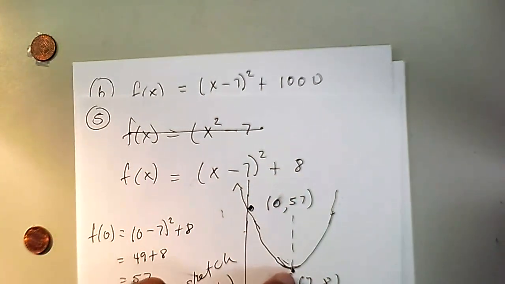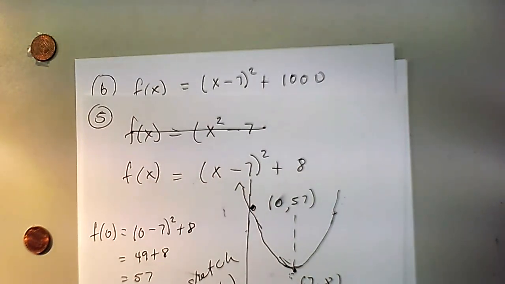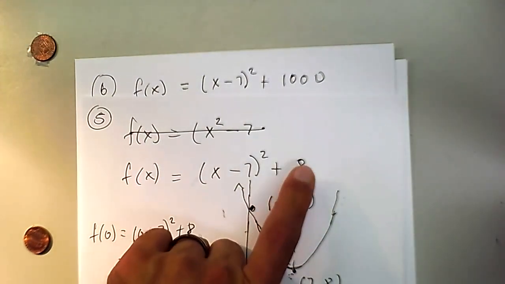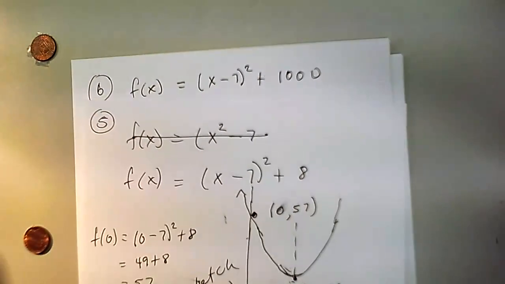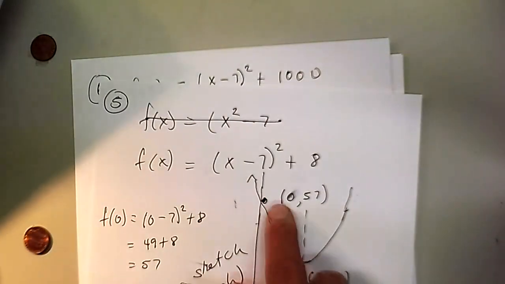That means that this graph is going to be shifted up by 992 units. I would probably graph it the same way. The only thing I would change is the numbers.